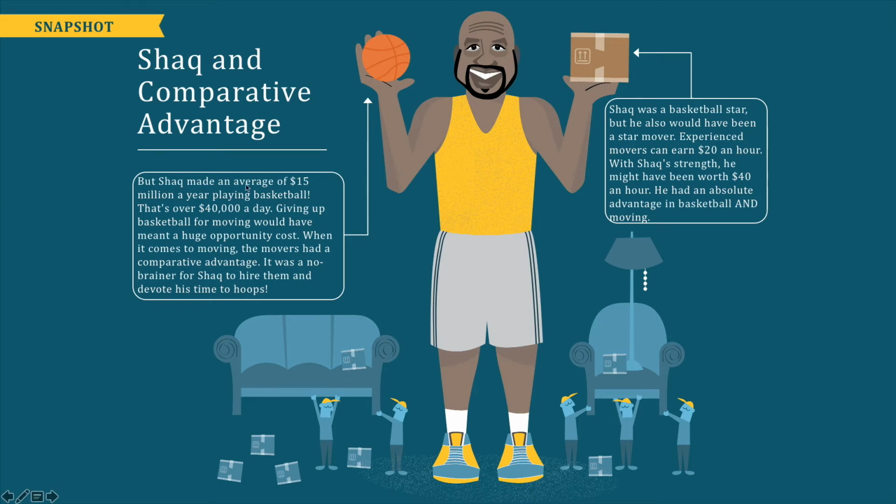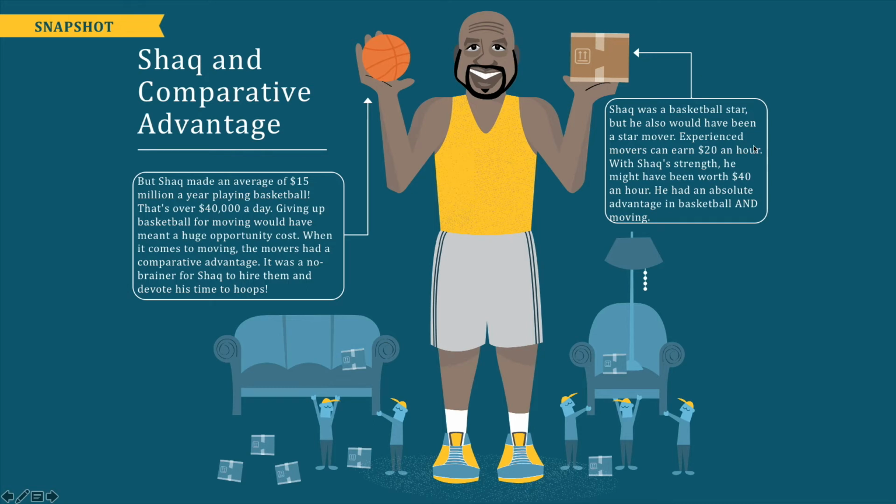So basically, Shaq made an average of $15 million a year, which is about $40,000 a day. And since he's a really big guy, instead of playing basketball, he might be a cargo carrier.